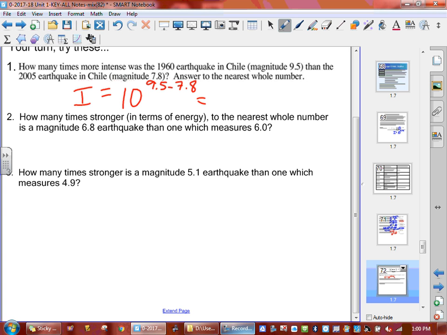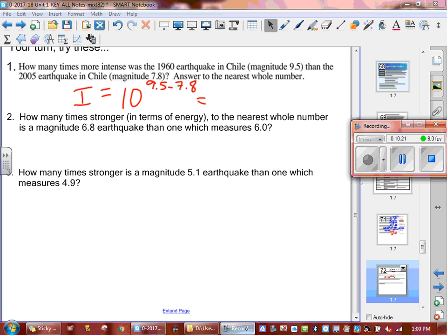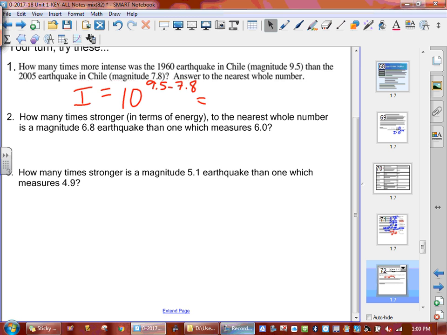Okay, so that's going to give us 10 exponent 1.7. Now, if you type that in, you actually literally have to type that in, 10 exponent 1.7, and then you're going to round to the nearest 10. So that's going to give you roughly, or it wants whole number, roughly 50 times stronger.